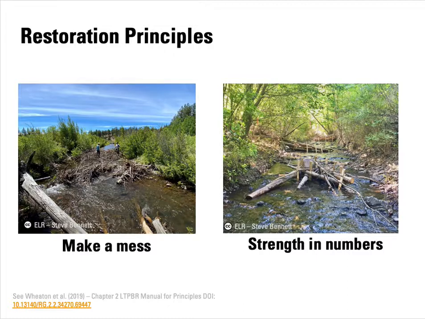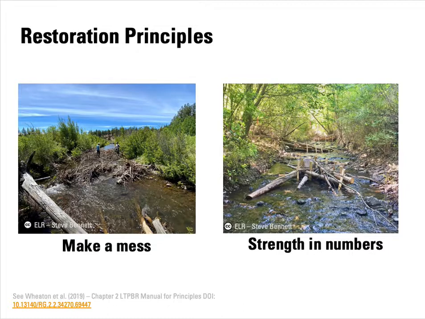Two principles of low-tech riverscape restoration that are particularly relevant during the construction phase are: make a mess. There's really no ideal engineered wood structure. Natural beaver dams and wood accumulations come in all shapes and sizes, and so you should be messy out there.